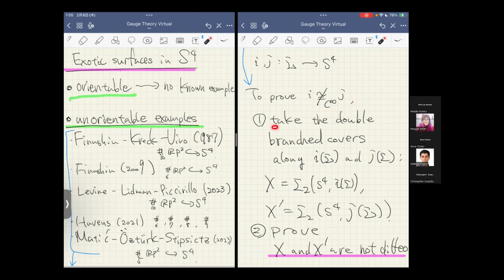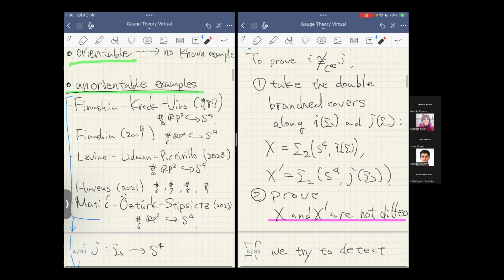Firstly, we take the double branched covers along the image of these embeddings, say X and X prime. They are double branched covers along these images. And in the next step, we prove X and X prime are not diffeomorphic.